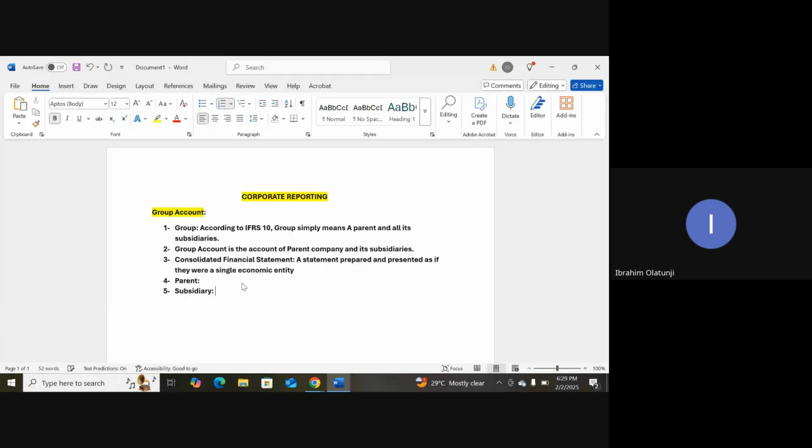Over to you, please. A subsidiary is an entity that is being controlled by another entity called the parent. Called parent. God bless you. That's according to IFRS 10.